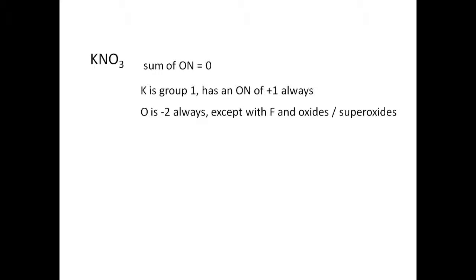So we have the oxidation number for 1 potassium, for 1 nitrogen, and for 3 oxygens. Because potassium is in group 1, it has an oxidation number of +1. Oxygen is always -2. But what's nitrogen's oxidation number? What would it have to be for the sum of these oxidation numbers to be 0?